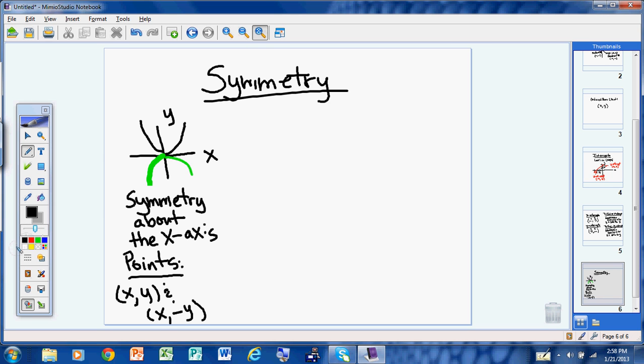Okay. All right. Let's look at a second thing that refers to symmetry.